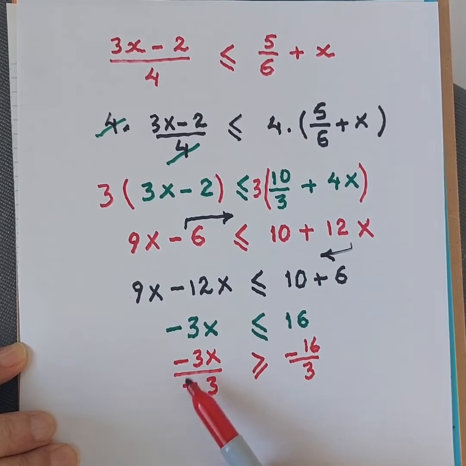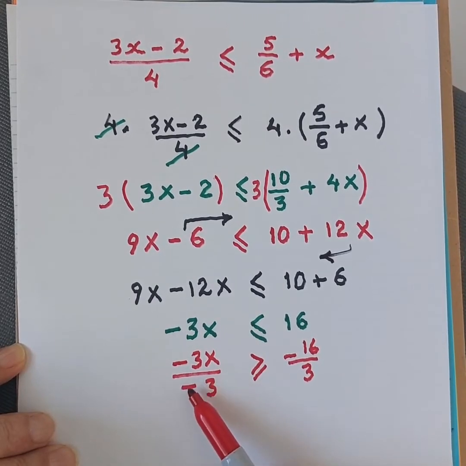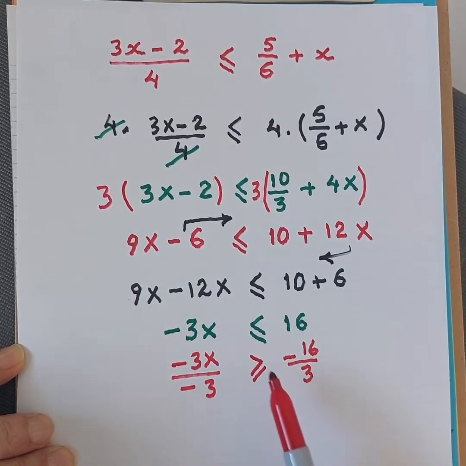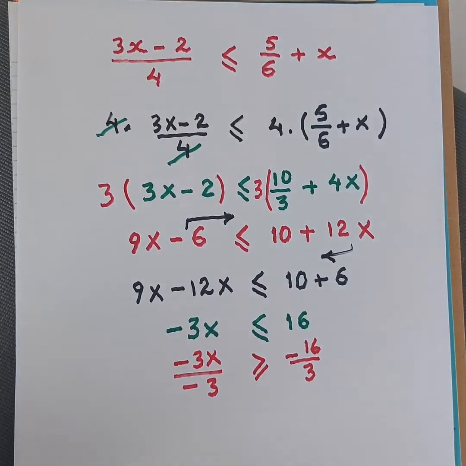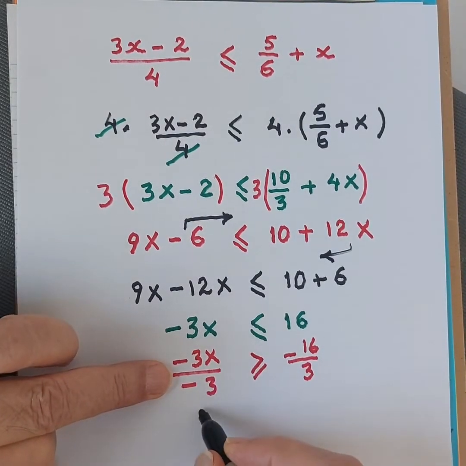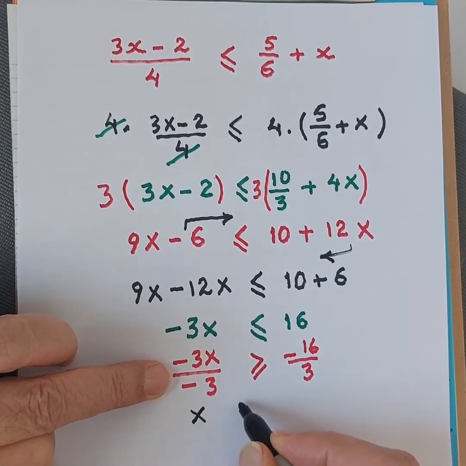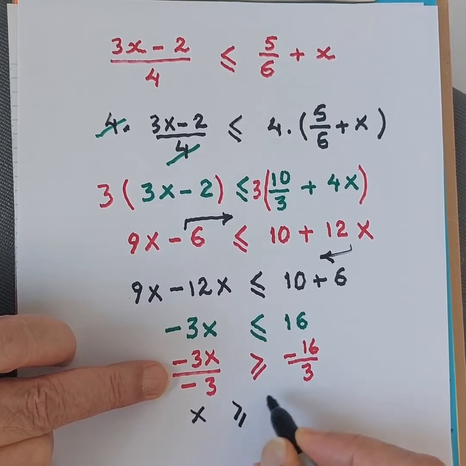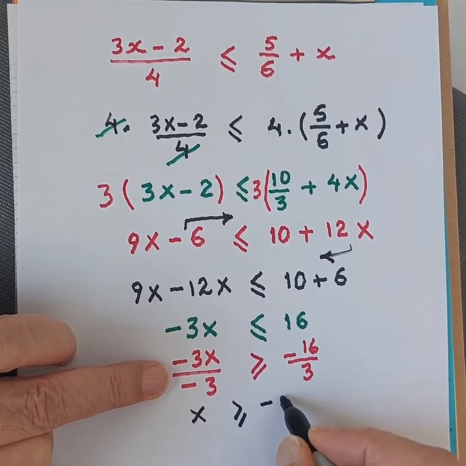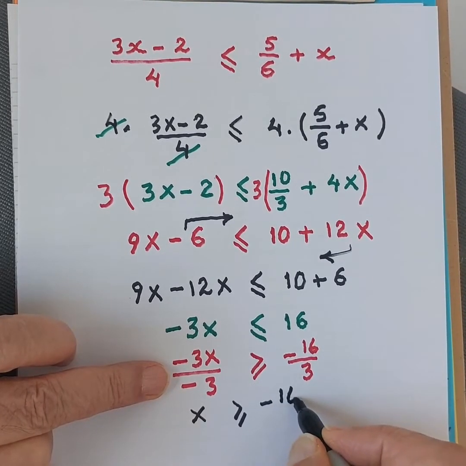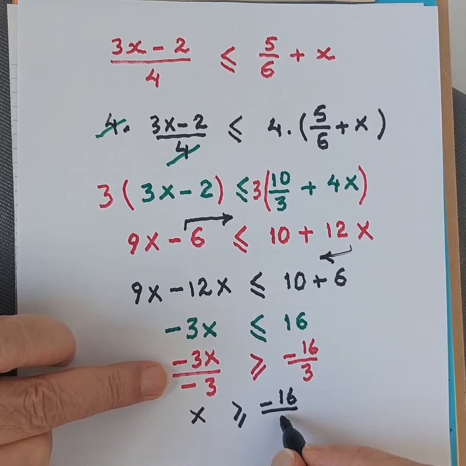You see, as I wrote here negative 3 on both sides, I changed the sign of inequality. So this will give me 1x on this side, and here will give me negative 16 over 3. That means like 5 and 1/3.